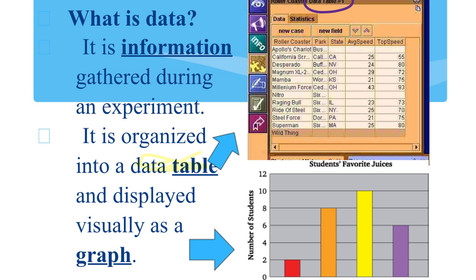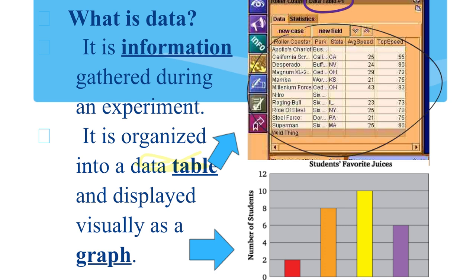Okay, so information gathered during an experiment, usually it's numerical. I mean, something that you can measure that is organized in a data table. It could be like a spreadsheet like this.